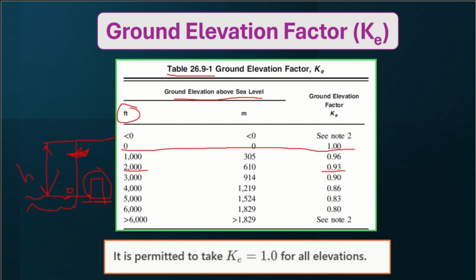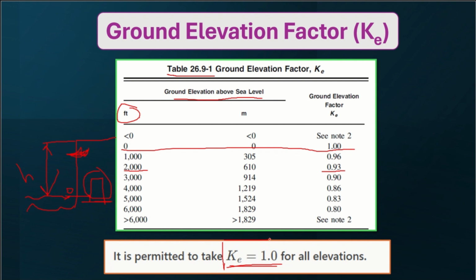It is permitted to take the Ke value as 1 for all elevations. This means for most practical designs, especially at low elevations, you can ignore the elevation factor, guys. So you can take the Ke value as 1. This simply says the calculation does not significantly affect safety.